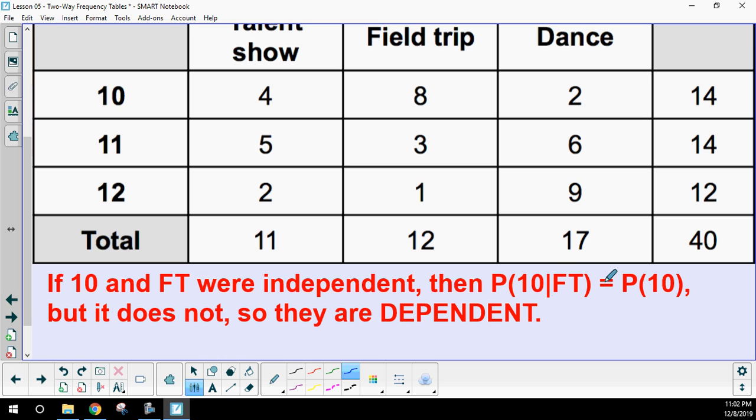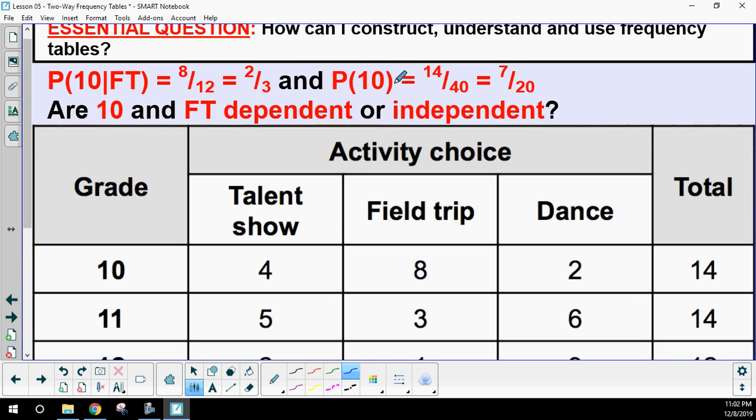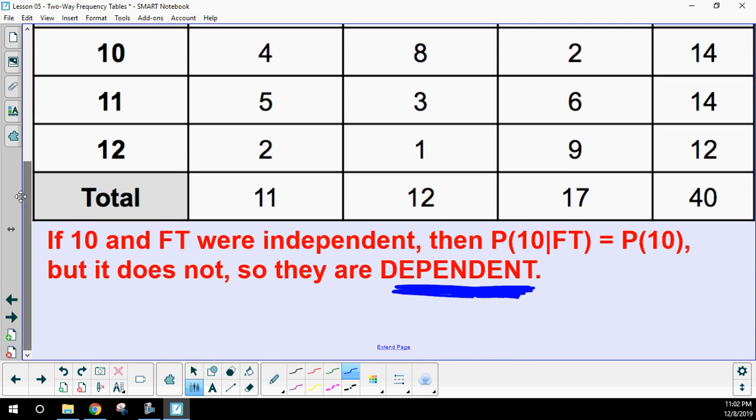But it does not, so they are dependent. Two different, which makes them dependent. Remember, for independent, they would have to equal the same thing.